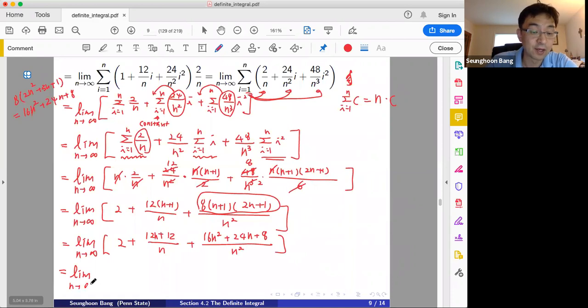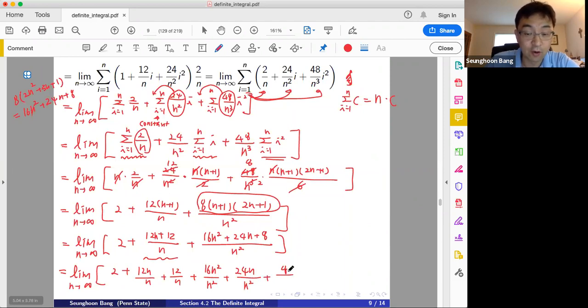As n approaches infinity, 2 plus 12n over n plus 12 over n. You can split into 3 fractions: 16n squared over n squared plus 24n over n squared plus 8 over n squared.